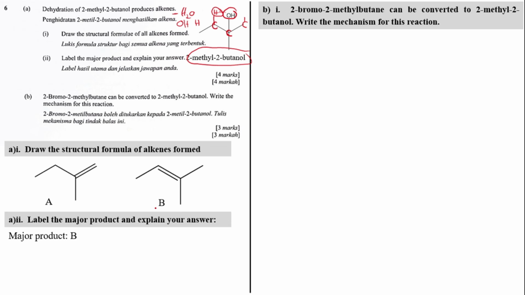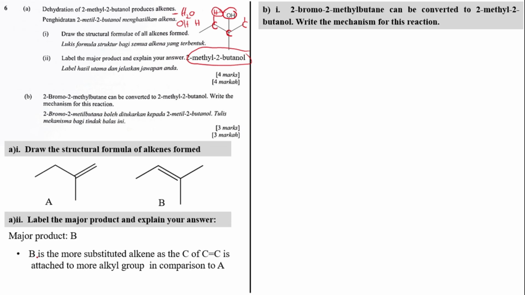Why is that? This is because B is the most substituted alkene, as the carbon-carbon double bond is attached to more alkyl groups in comparison to A. Okay, so this carbon here is attached to 1 alkyl group, 2 alkyl groups, and 3 alkyl groups. Meanwhile, for here, this carbon will attach with 1 and 2.